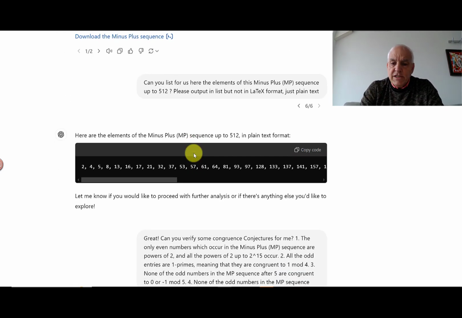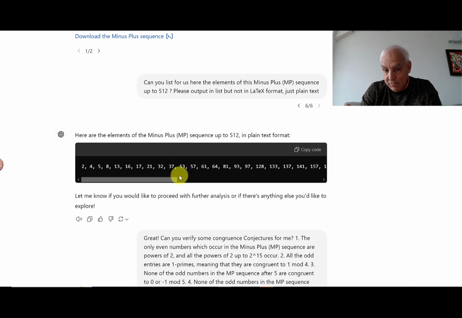Then I ask, can you list for us here the elements of this minus plus, let's call it MP sequence, up to 512? Please output in list form, but not in LaTeX form, just plain text. I just want to be able to see this thing, so I want to scroll through it so you can have a look.